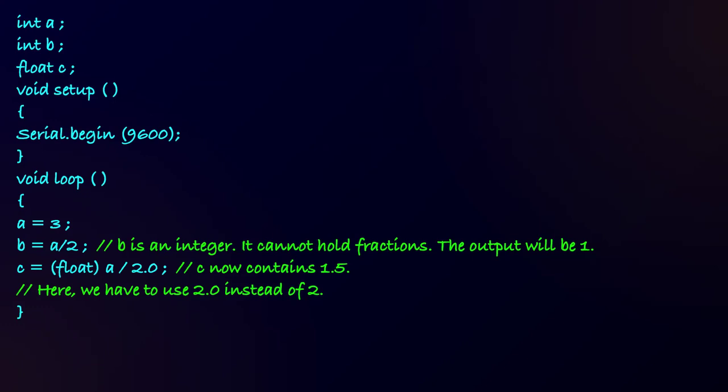If we divide 3 by 2, in mathematics we simply divide and get 1.5. But it is different in a programming language.